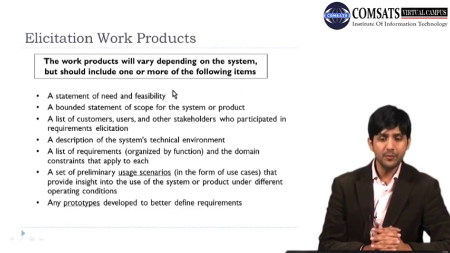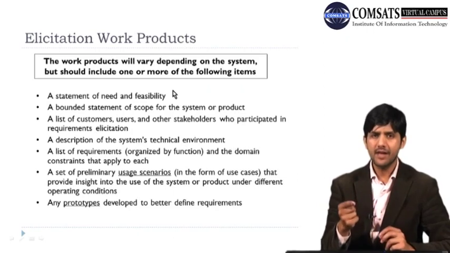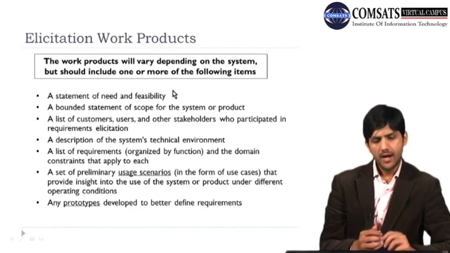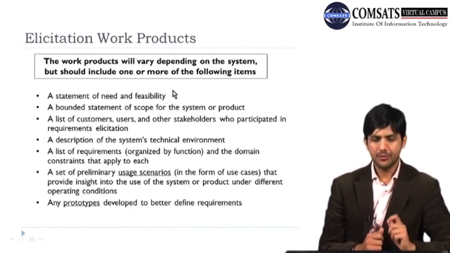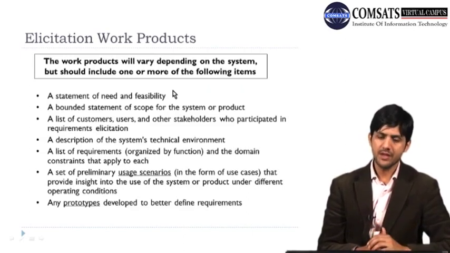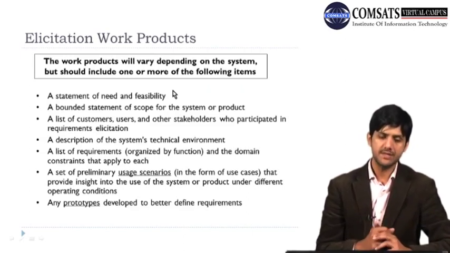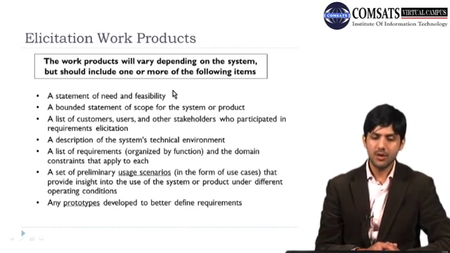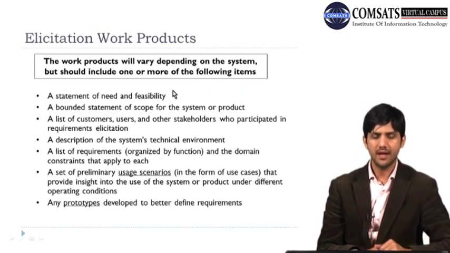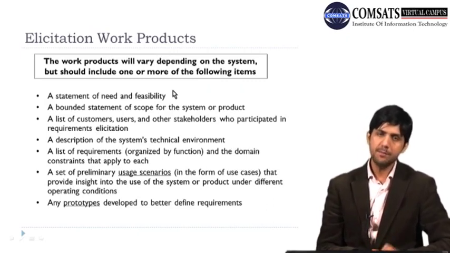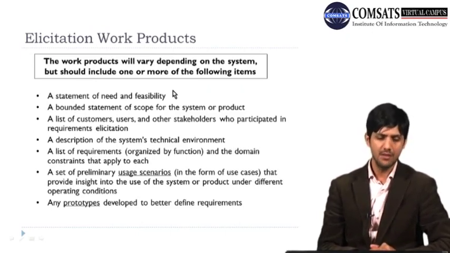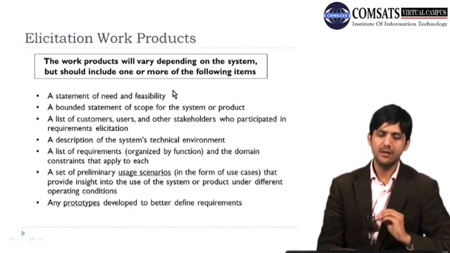So the work products will vary depending on the system, but should include one or more of the following items: a statement of need and feasibility, a bounded statement of scope for the system or product, a list of customers, users, and other stakeholders who participated in requirements elicitation, a description of the system's technical environment, a list of requirements organized by function and the domain constraints that apply to each, a set of preliminary usage scenarios in the form of use cases that provide insight into the use of the system, and any prototypes developed to better define requirements.